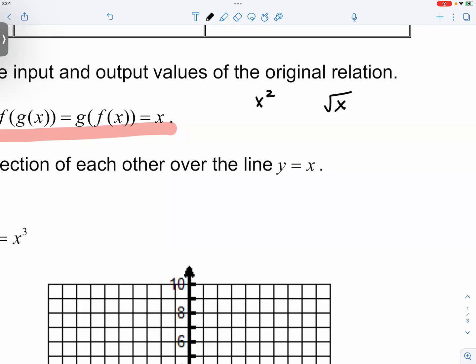They can cancel each other out, right? If you have a square, you can use a square root to cancel it out.